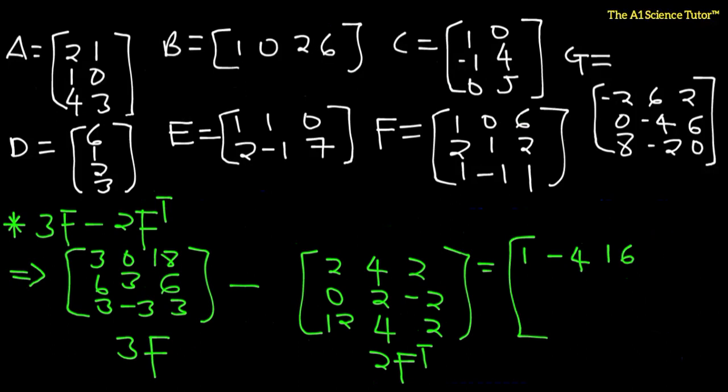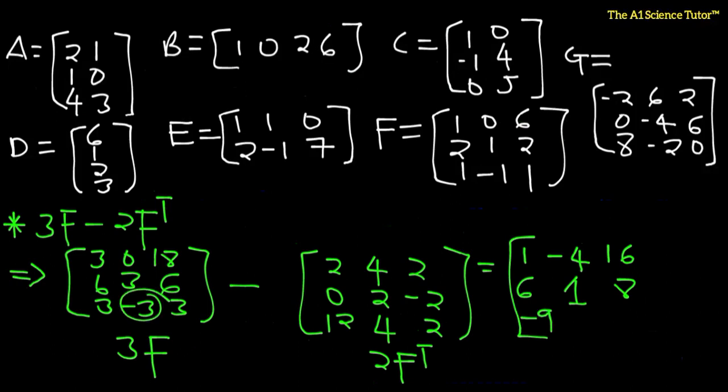Whoa. I think I need to remove that. So we have 6 minus 0, which is going to give us 6. And 3 minus 2, that gives us 1. And then we have 6 minus 2, so that basically changes to 6 plus 2, which is going to give us 8. And here we have 3 minus 12, so that should give us negative 9.